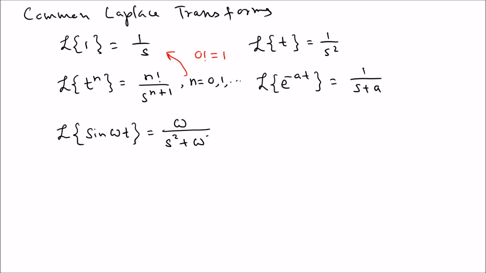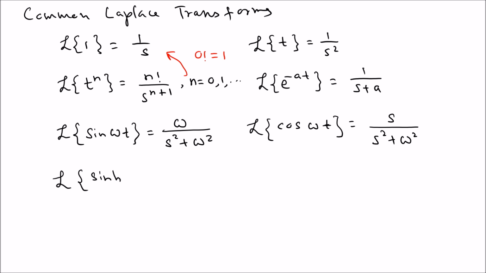The Laplace transform of cosine omega t is s over s squared plus omega squared. And then we have the hyperbolic functions, sinh omega t, where omega is just a constant. It's the same thing but with the opposite sign, so we put a minus sign here. That's the only difference: this one has a plus sign.